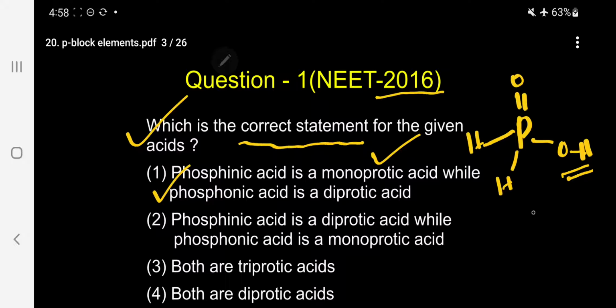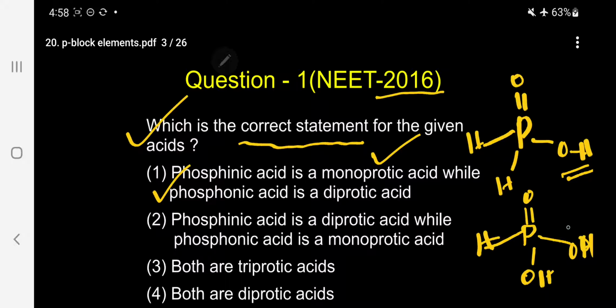What about the other phosphonic acid? This is the structure. So it is the diprotic acid.